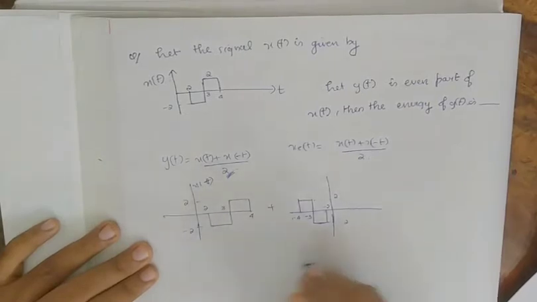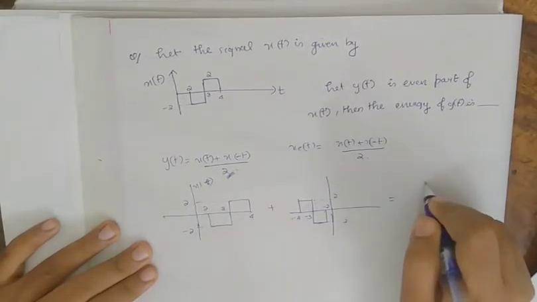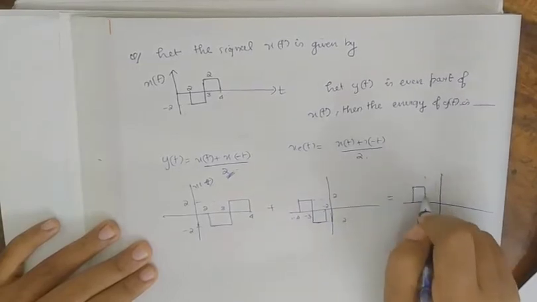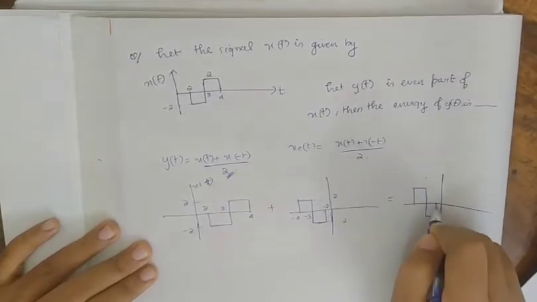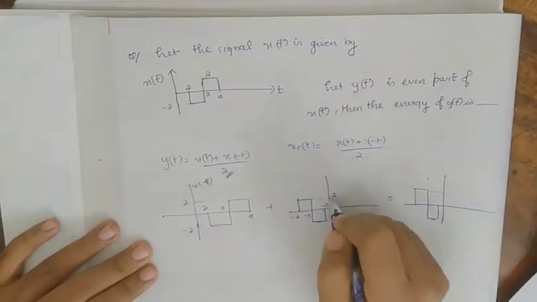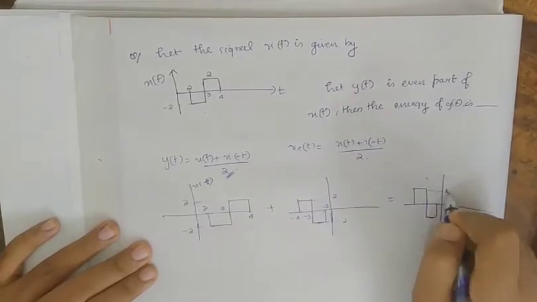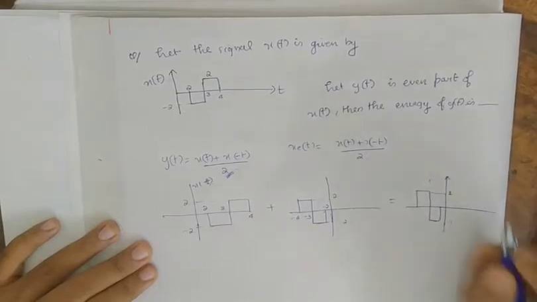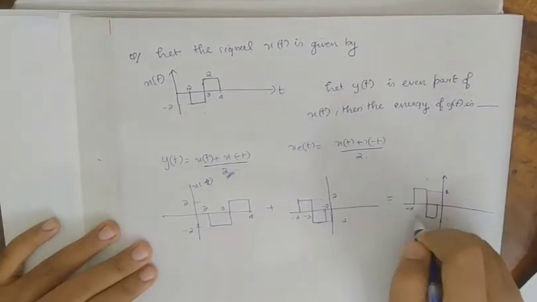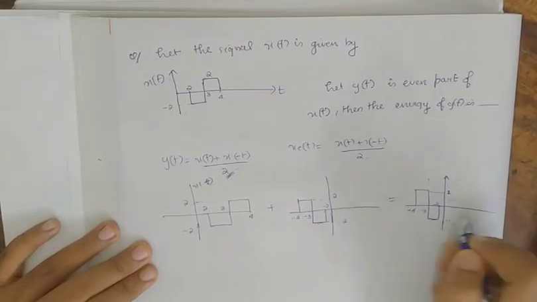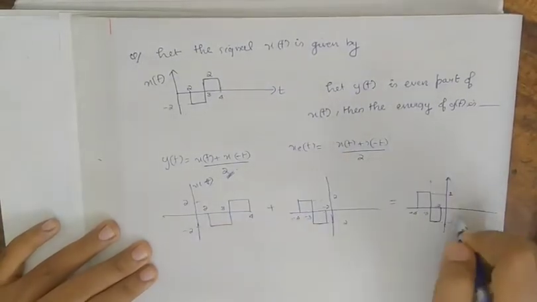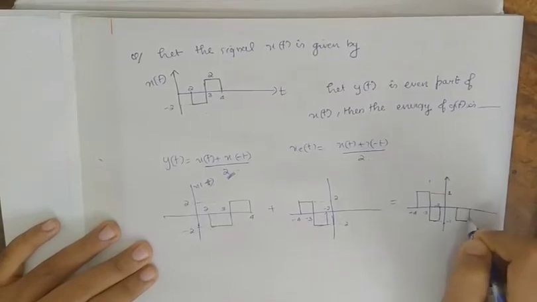So we'll see how it will look if it is added together. So amplitude will be divided by 2. It will be 1 this time, and this time this will be minus 1, again minus 3, minus 2, and again at the other side we have this one, right? So here it will be minus 1 as well.